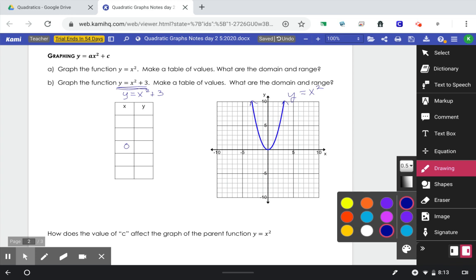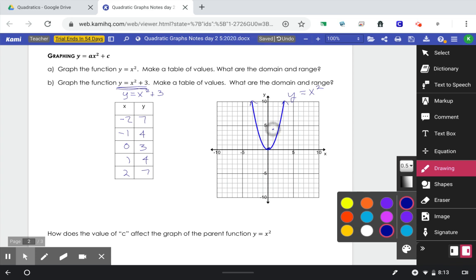So I'm going to start with x equals 0 in the middle of my table. I'm going to pick some values to the right and left of that, and plug them in my calculator to see what the y values are. So when x is 0, y is 3, negative 1 is 4, negative 2 is 7, 1 is 4, and 2 is 7. Okay, I'm going to plot these points.